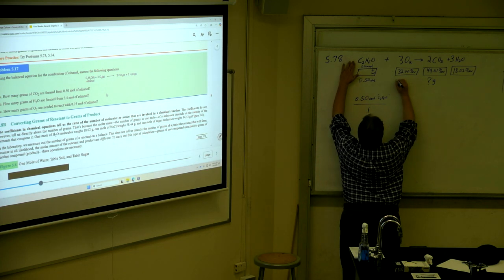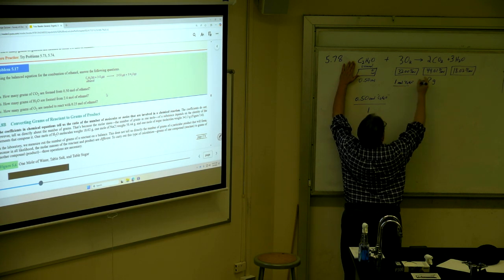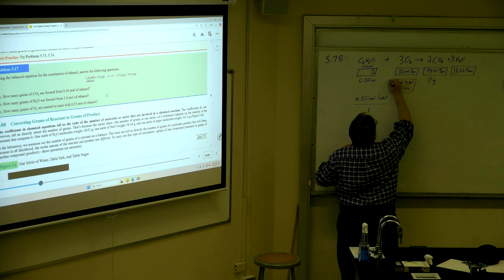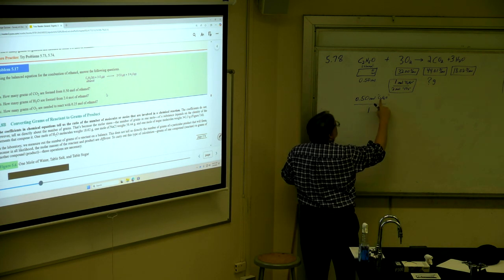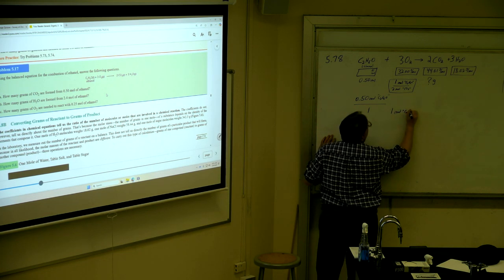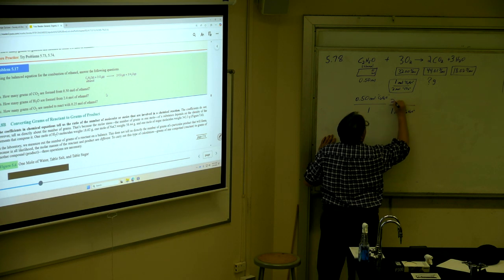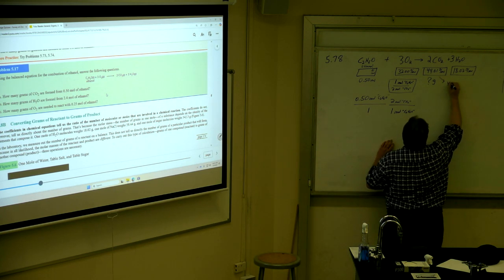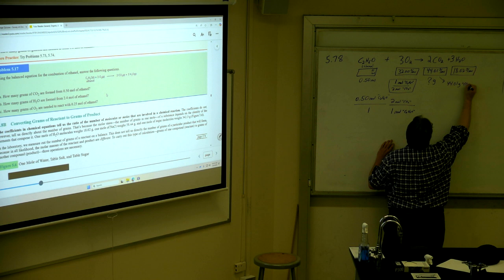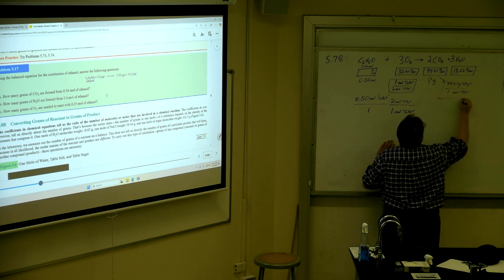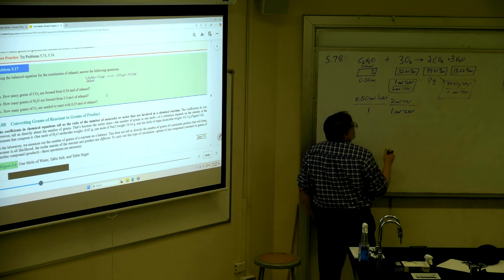So the relationship we're going to need is 1 mole C2H6O to 2 moles of CO2. So moles of ethanol on bottom. And then this relationship is 44.01 grams of CO2 is 1 mole of CO2. And we want moles of CO2 on bottom, so 1.